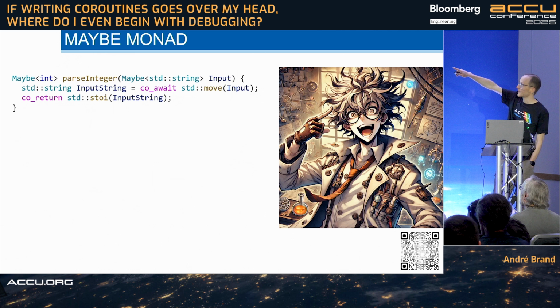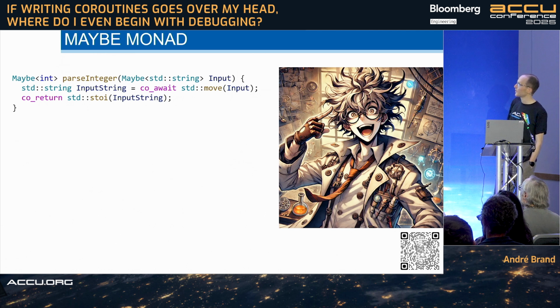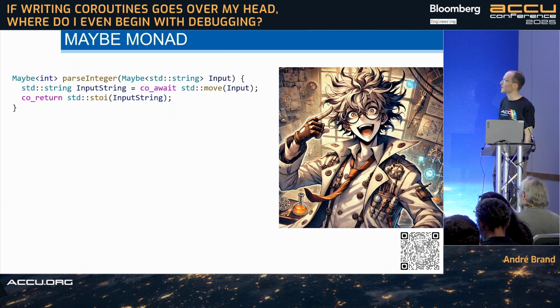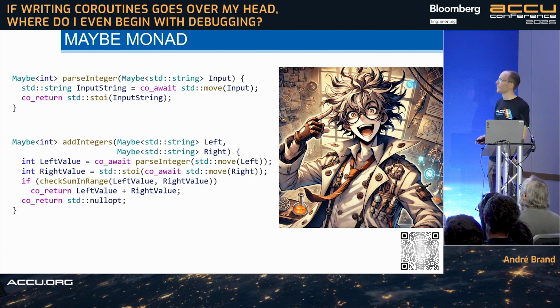Same thing goes if std::stoi, which converts the string to an integer, throws an error. We get an unhandled exception, and our coroutine return type implementation of the maybe swallows that and returns a null instead. So these exception handling use cases are implicitly dealt with there. And then I can compose this further.